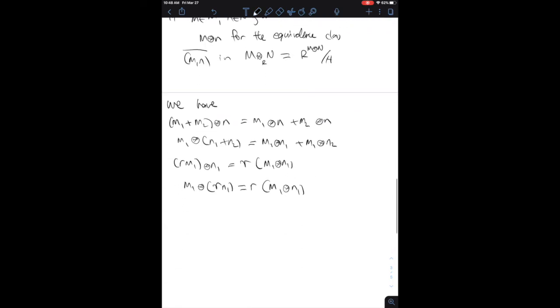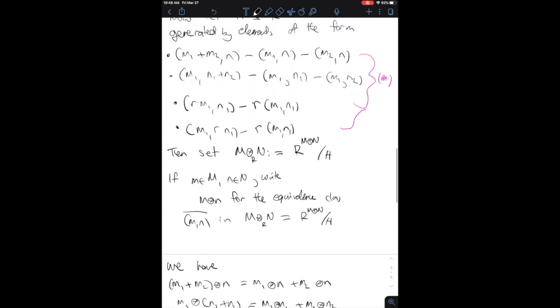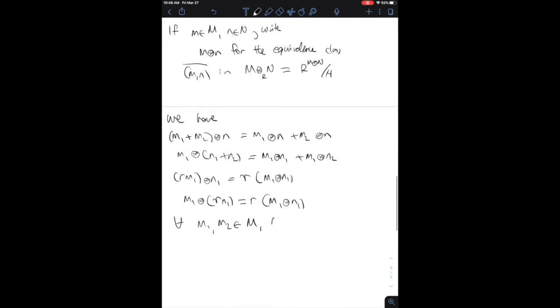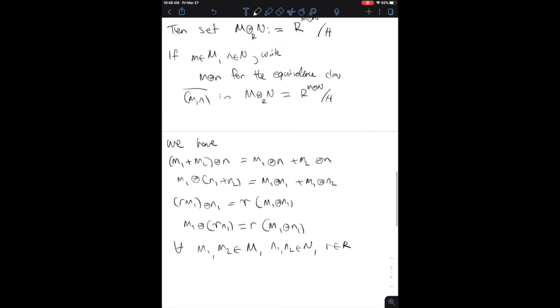And this holds for all m1, m2 in M, n1, n2 in N, r in R. Okay, so these relations you can check.